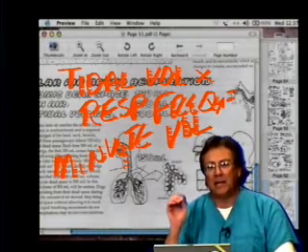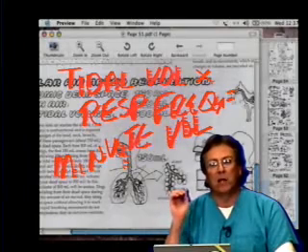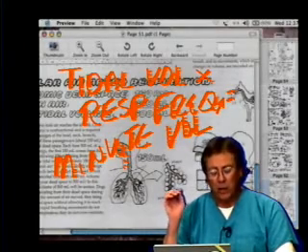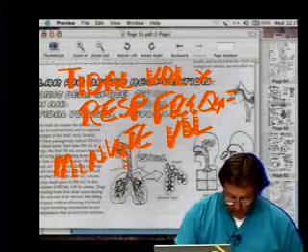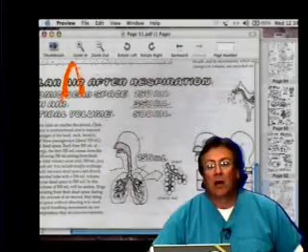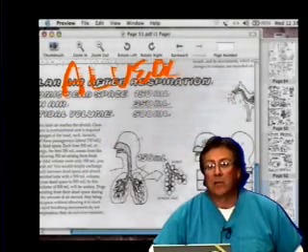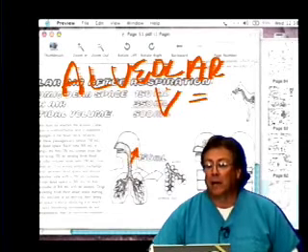Because you have anatomic dead space, not all of that minute volume is in exchange. So we have another term which is referred to as alveolar ventilation. Alveolar ventilation is the amount of air that is exchanging at the alveoli.